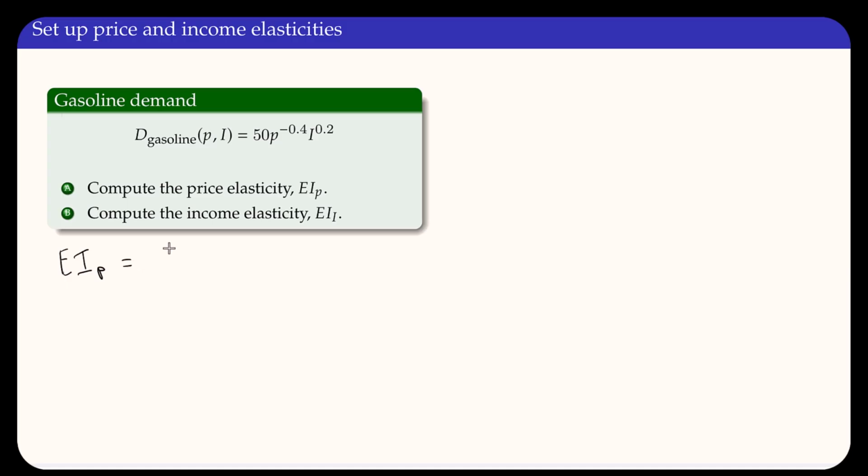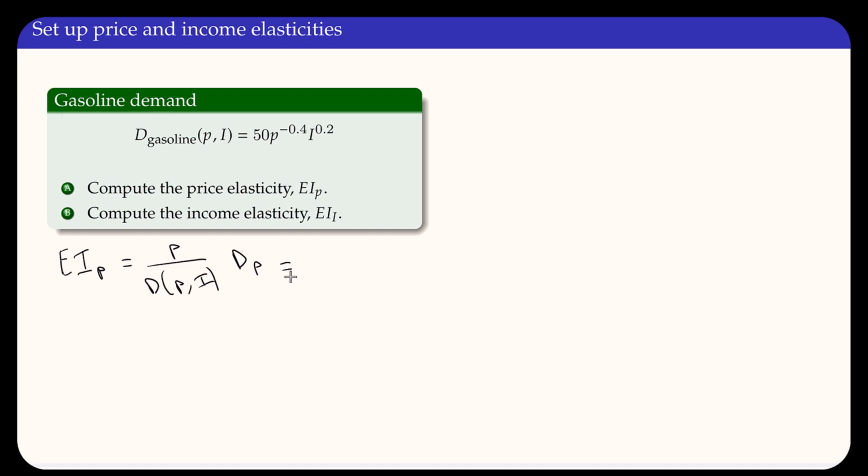We're going to have P, which is the changing variable, divided by the function itself. So maybe I'll write this as D as a function of P and I. And it's going to be multiplied by the partial derivative of the demand function with respect to P. So it's going to look something like that.